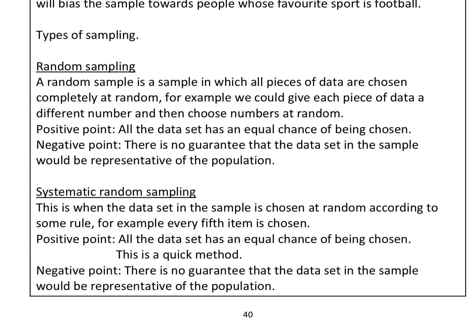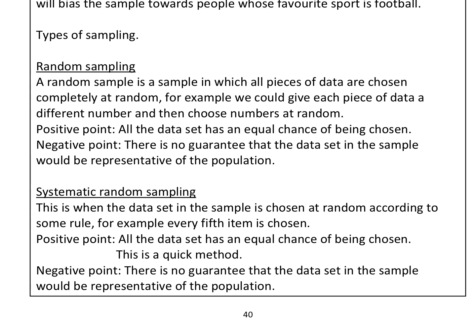Here we're going to look at what's called random sampling. A random sample is a sample in which all pieces of data are chosen completely at random. For example, we could give each piece of data a different number and then choose numbers at random, or pick them out of a hat would be quite a common way to say it.